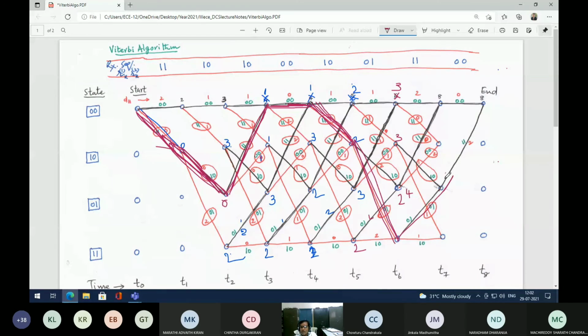And this way, and finally I reach this. See what outputs you are having? This is the path. This is the correct code word that is actually transmitted. So please identify each node having distance.